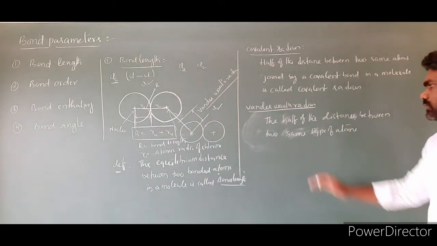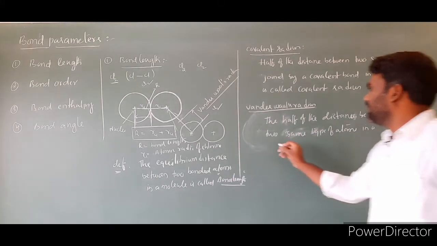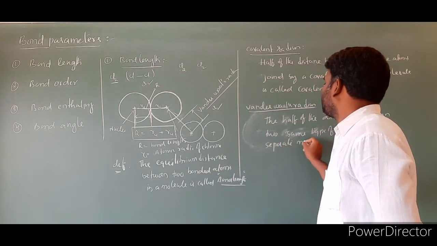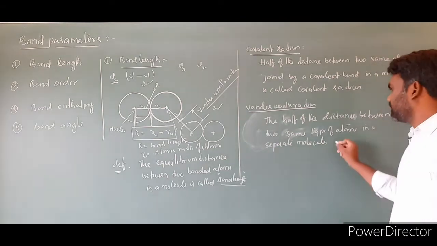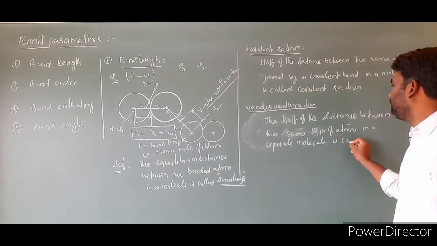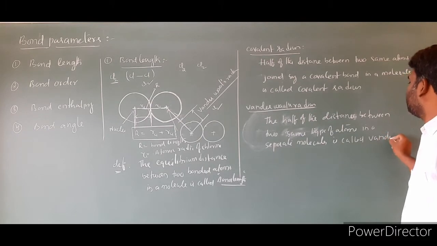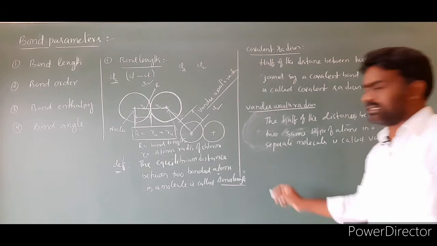Half of the distance between two same type of atoms in separate molecules is called van der Waals radius.